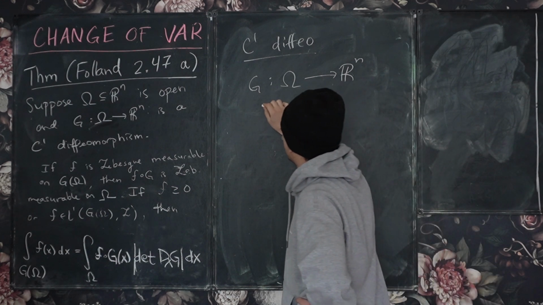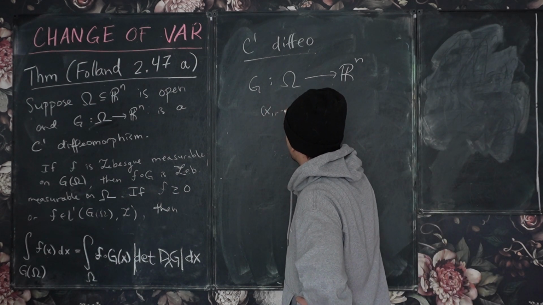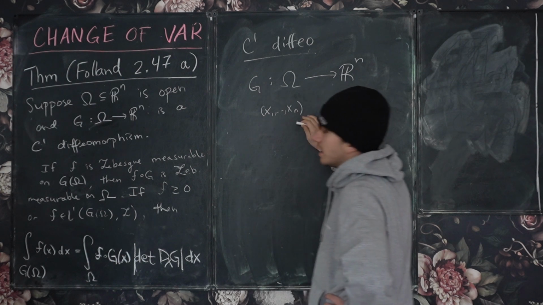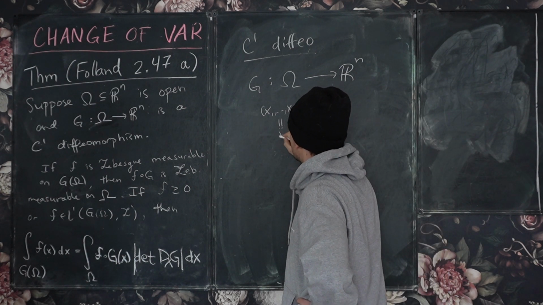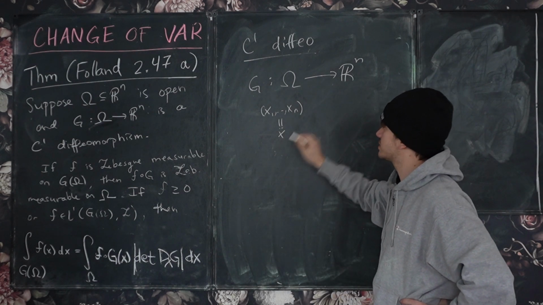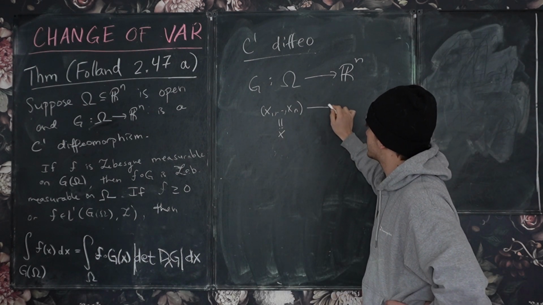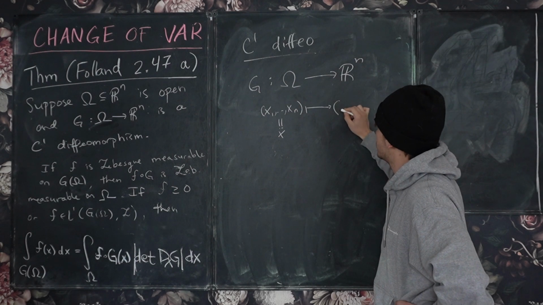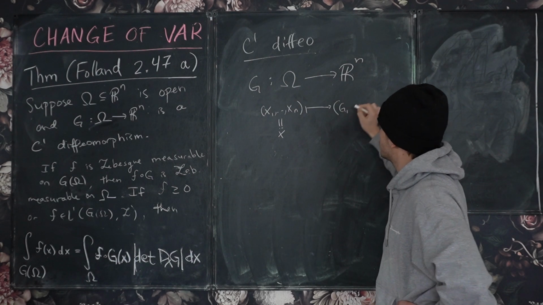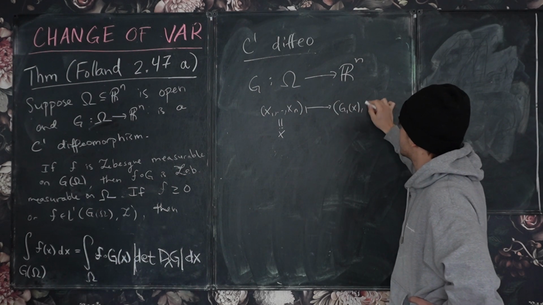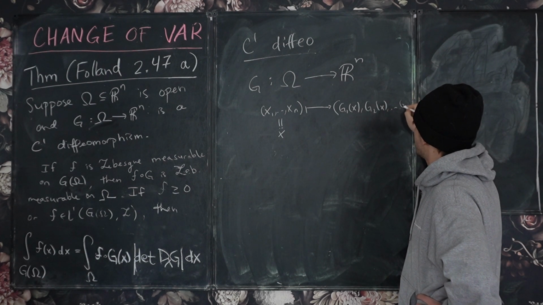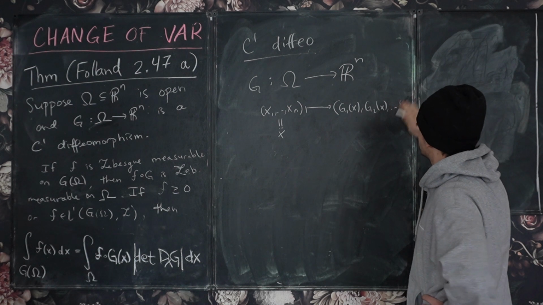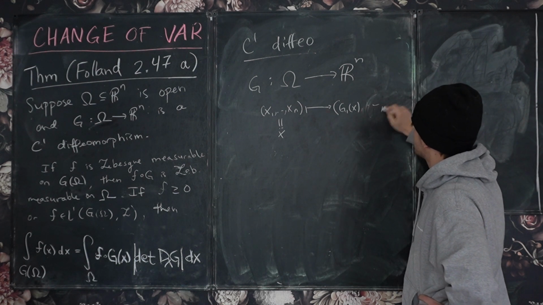It's going to take a point x1 through xn, which I'm going to call x, the vector x, and send it to g1 of x, g2 of x, etc., down to gn of x.